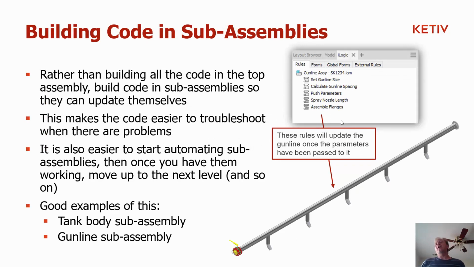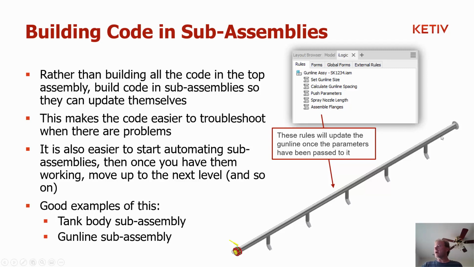Now, the last important topic I wanted to cover that will help you understand how the code is laid out and how it works is what I did. For example, if we look at our skid assembly, actually we'll look here at the gun line assembly since that's what I have here. So I first started by building my gun line sub-assembly. I thought, what are all the parameters that are important to me? I need to know where these holes are.